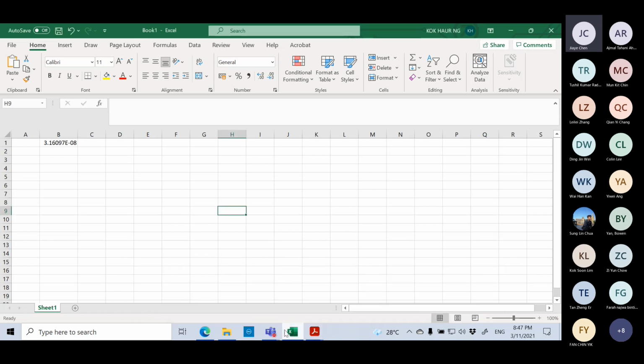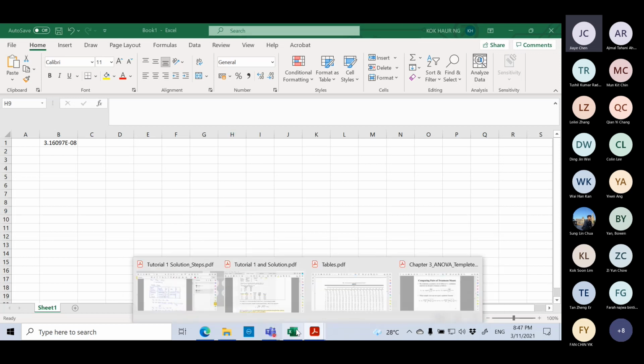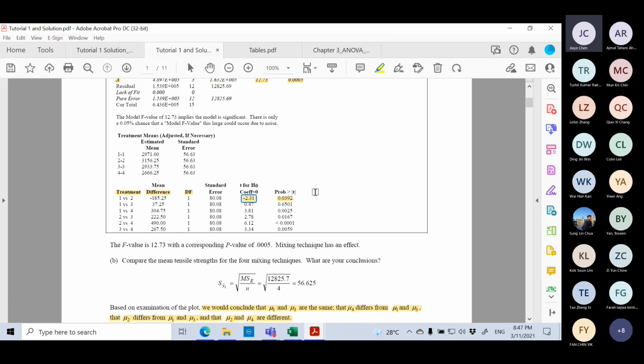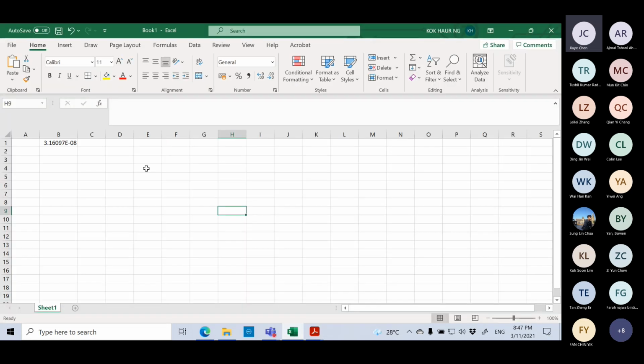Yes, but let me see. Because you see the result here, they are based on the t distribution. So if you get the negative 2.31 based on the t distribution, you can see I calculate from Excel. The value for the t is 2.31.